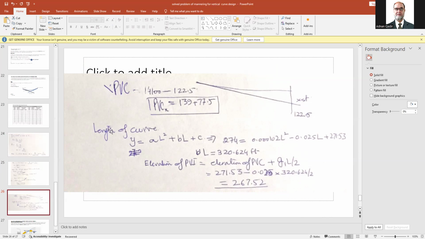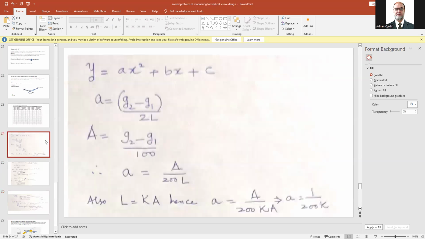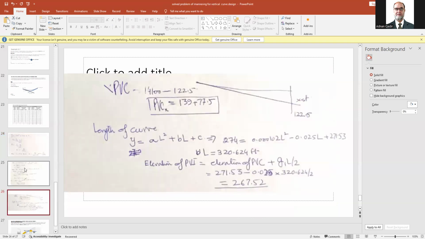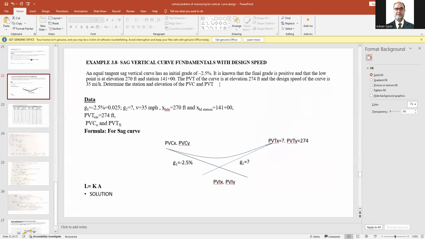Now, for the length of the curve, we'll use this equation. In the basic equation, we'll replace X with L because length of the curve is not known to us. So what we have done here is simply use this equation in which y is equal to aL square plus bL plus c, and just equating, we know that the elevation at the end of the curve is 274, and this is no surprise because it's already given at this point.